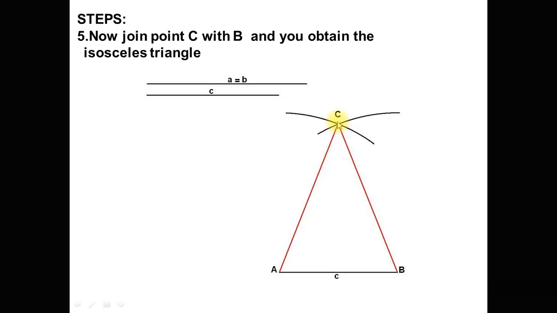These two arcs meet at this point C, and then join this point C to point A and this point C to point B, and at this stage you will obtain the isosceles triangle, and you can verify that the lengths of the two sides are equal as given in the data.